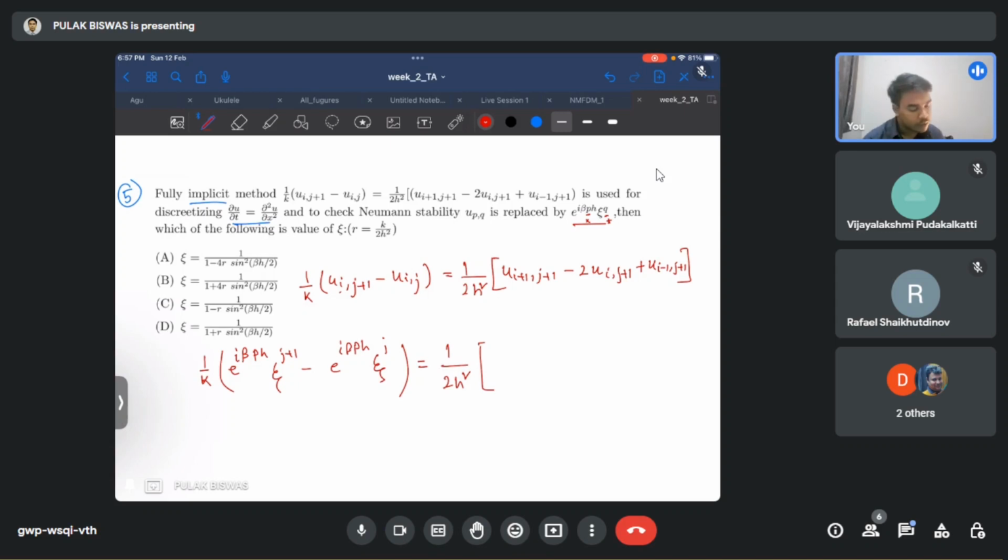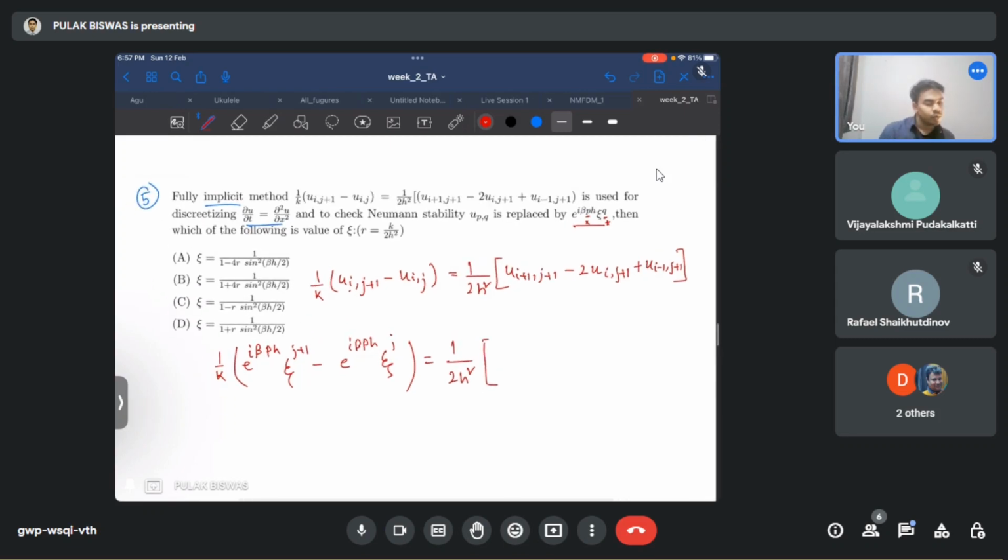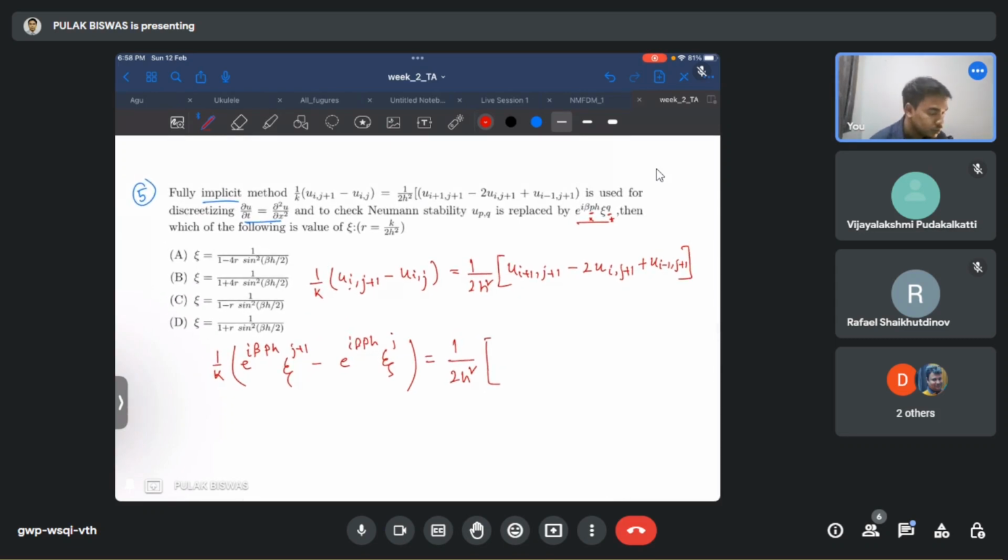Yeah, you can do it like this. Try to solve this one. j plus 1.